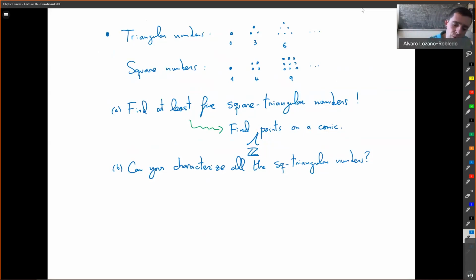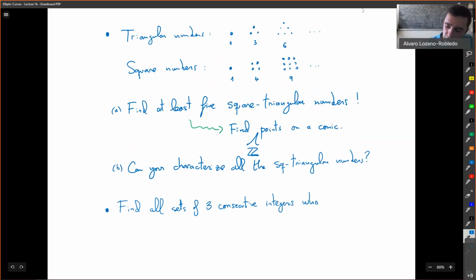But let me finish with another problem here, which is find all sets of 3 consecutive integers whose product is a perfect square.